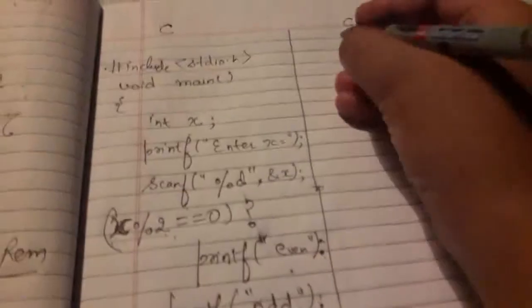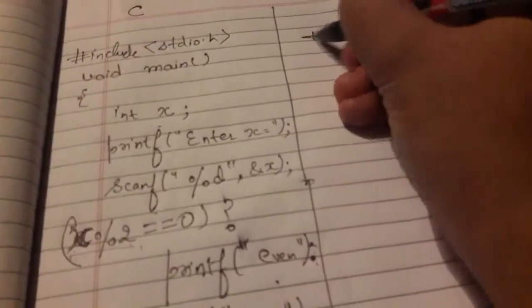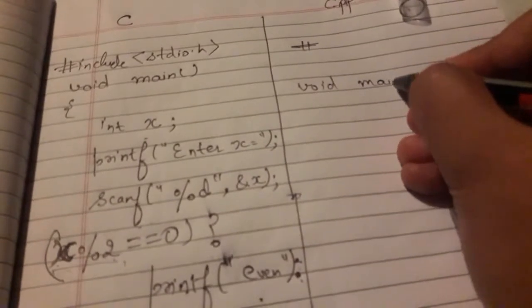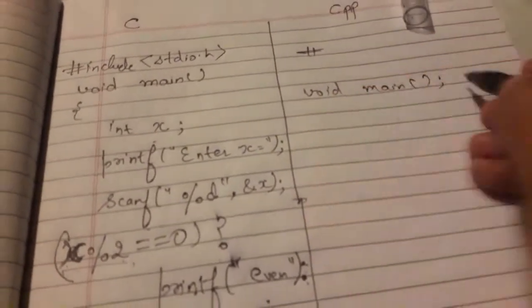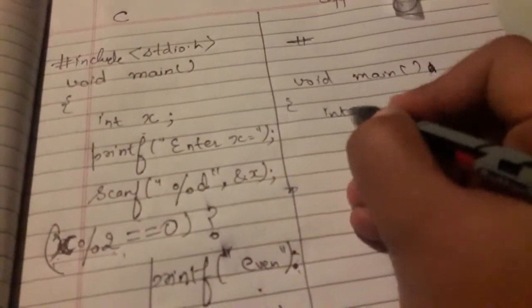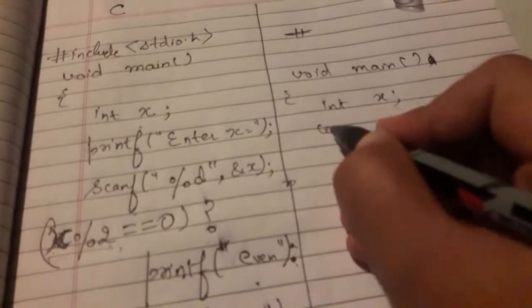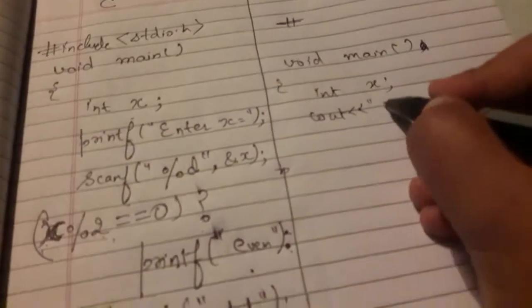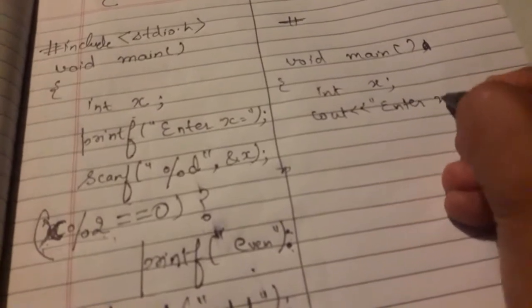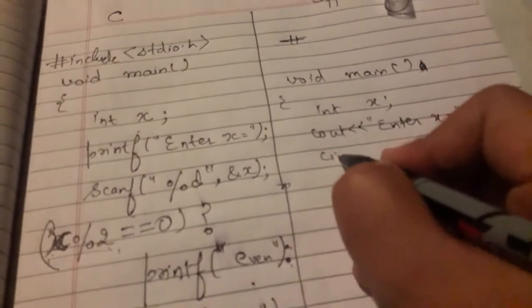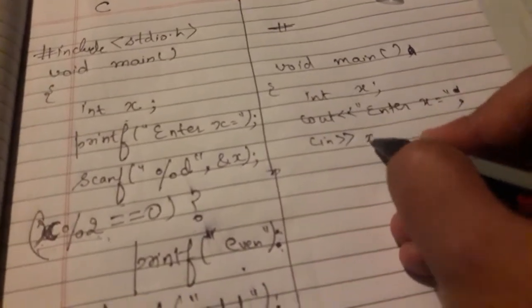Now I am creating the same program in C++. How do I write it? After that, void main, same. Oh, sorry. Int x, cout enter x, cin x.